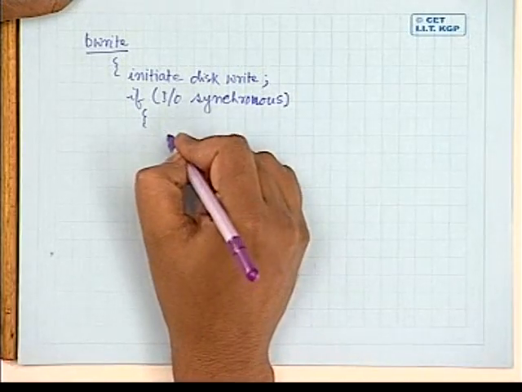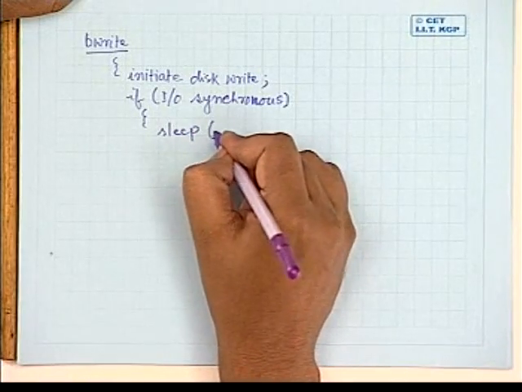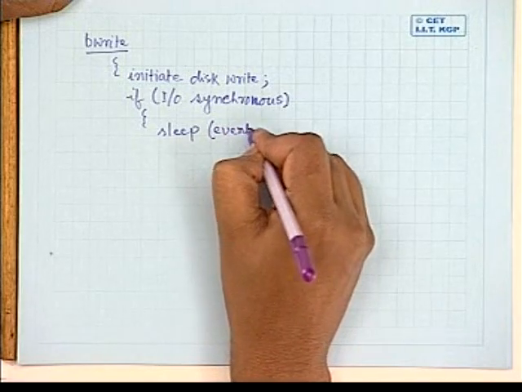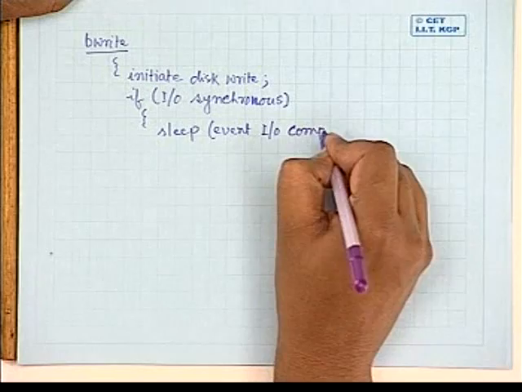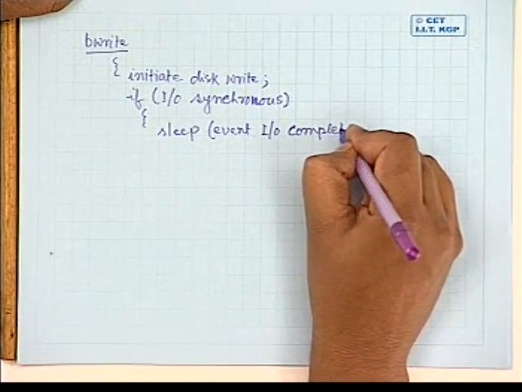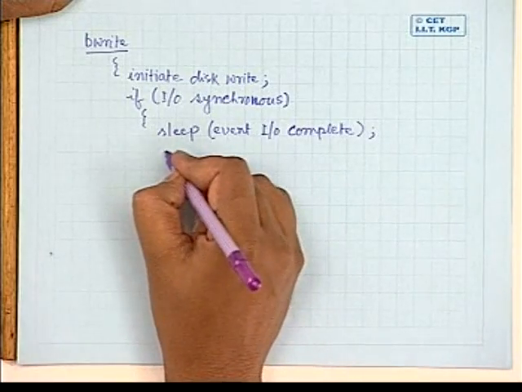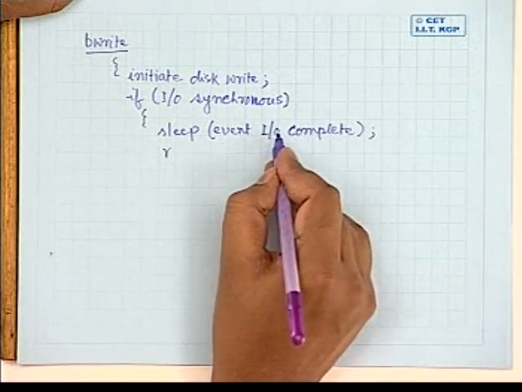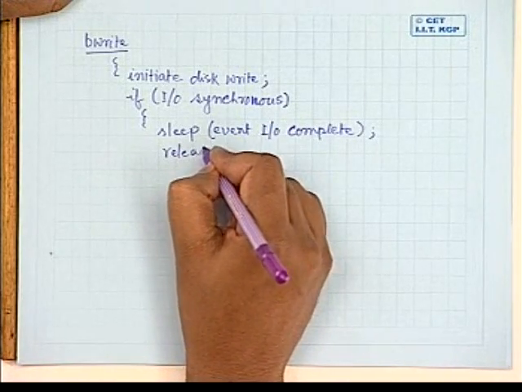Then you sleep, event IO is complete. After that, once the writing is complete and the process wakes up, the buffer has to be released.